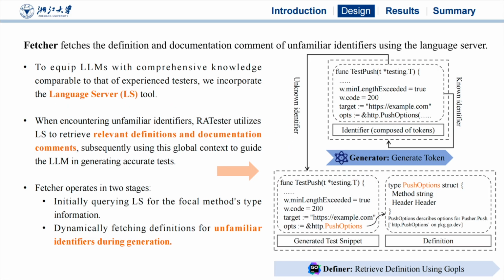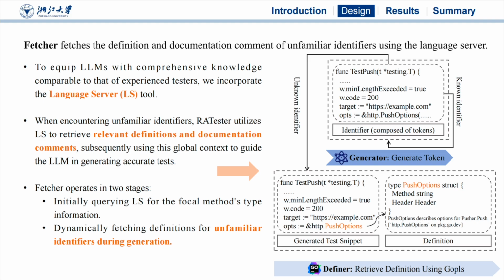To equip LLMs with comprehensive knowledge comparable to that of experienced testers, we incorporate the language server tool. When encountering unfamiliar identifiers, RATester utilizes the language server to retrieve relevant definitions and documentation comments, subsequently using this global context to guide the LLM in generating accurate tests.